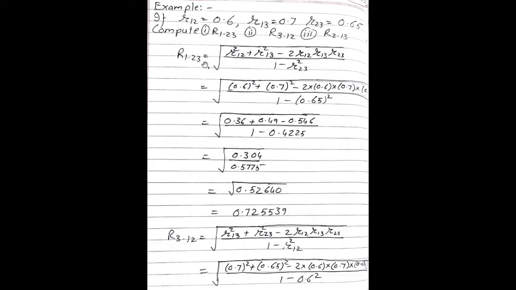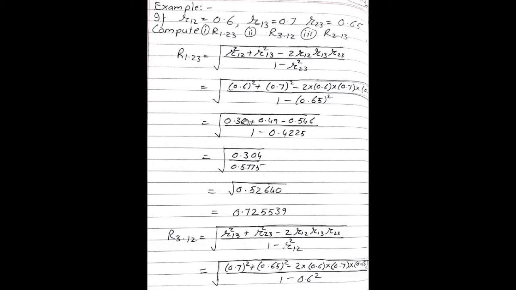So capital R 1.23, the formula is square root of R square 12 plus R square 13 minus 2 into R12 R13 into R23 divided by 1 minus R square 23. Now the values given are R12 equal to 0.6: 0.6 square plus 0.7 square minus 2 into 0.6 into 0.7 into 0.65 divided by 1 minus 0.65 square.